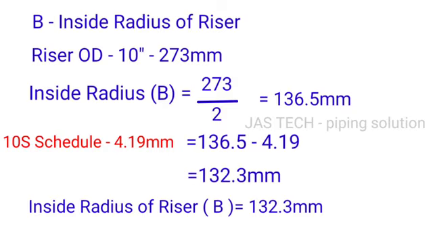Our schedule is 10S, so 10S schedule equals 4.19 mm. So 136.5 minus 4.19 equals 132.3 mm. So B equals 132.3 mm.